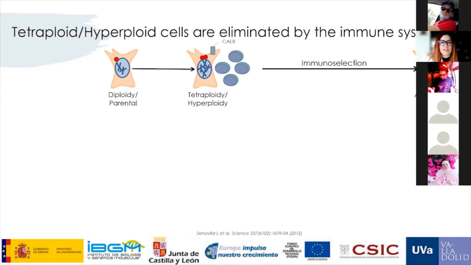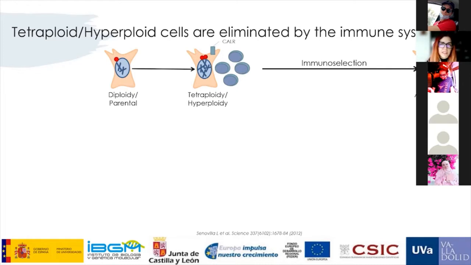So we know that tetraploid cells have more calreticulin on the cell surface. That means that the immune system will recognize and eliminate the cells. But some cells escape this control, and there will be an immunoselection leading to aneuploidy.